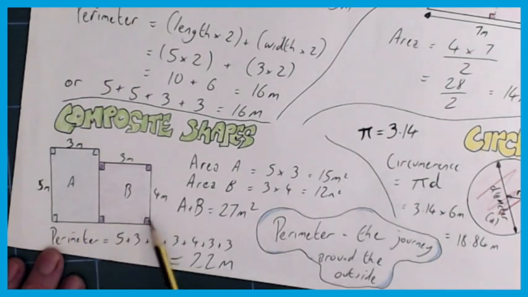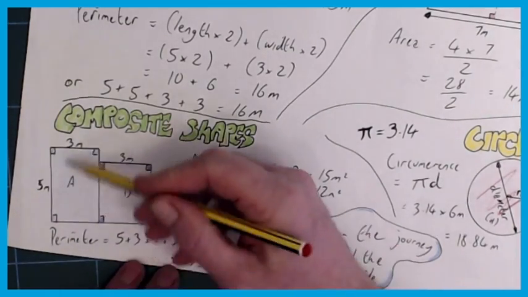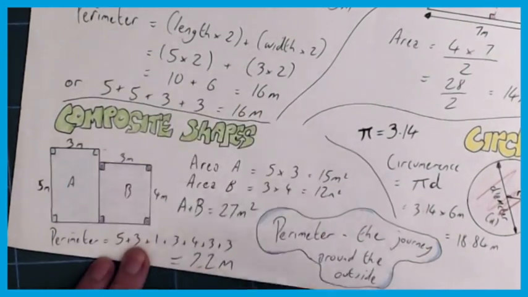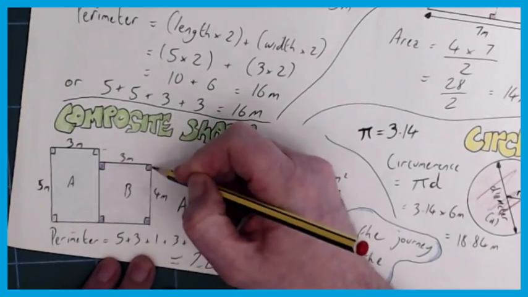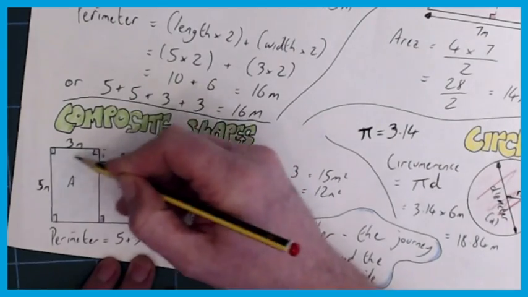On here, we've got a slightly different way of doing this, because the perimeter is the distance around the whole shape. So if we're working these out, we've got a 5 plus a 3, and we need to work out that bit there. Now that bit is 4, and if that's 5, that's got to be 1. So it's using logic to work it out.